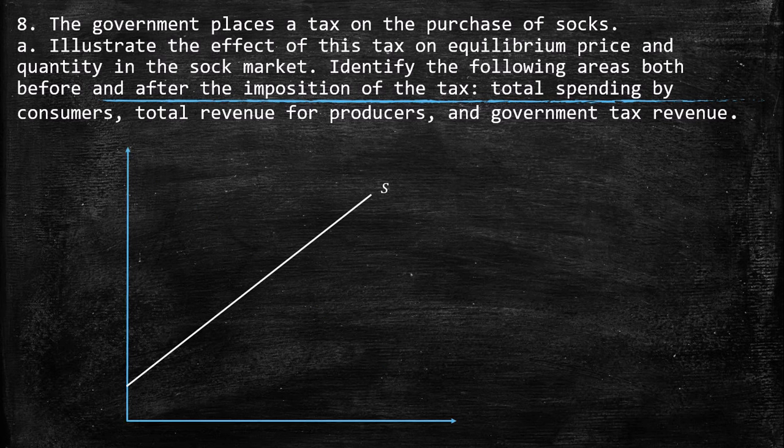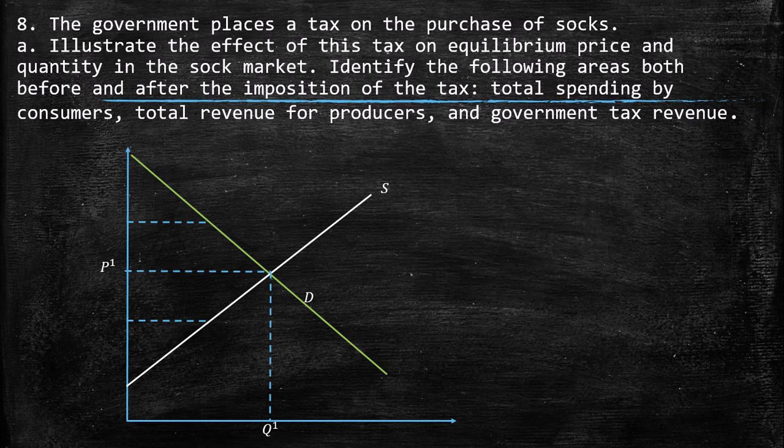So here we have the normal market without any intervention. We have P1 and Q1. On this axis we have quantities and on the y-axis we have prices. So this is the normal equilibrium, the free market equilibrium, P1 and Q1. So suppose there is a tax.